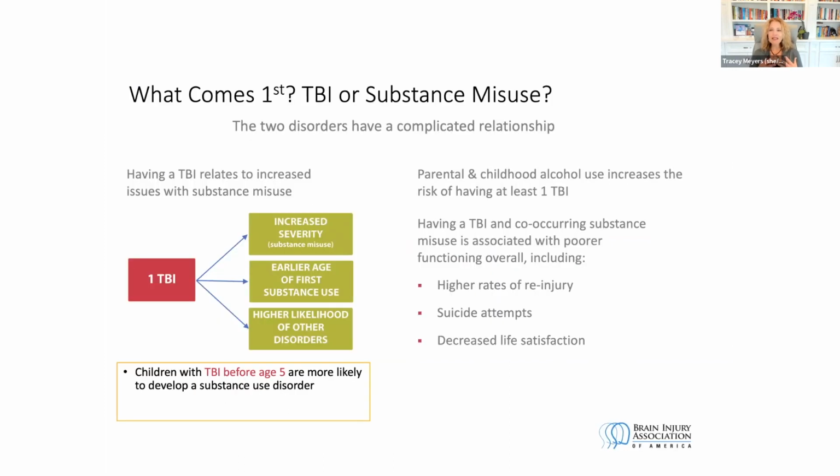And so that's really important, because when we're thinking about a person and their treatment, we can't just treat the TBI, right? We want to make sure that if someone has a co-occurring substance use, we are really paying attention to the impact that's having, because it can create a lot of difficulty in rehabilitation and even can be life-threatening.